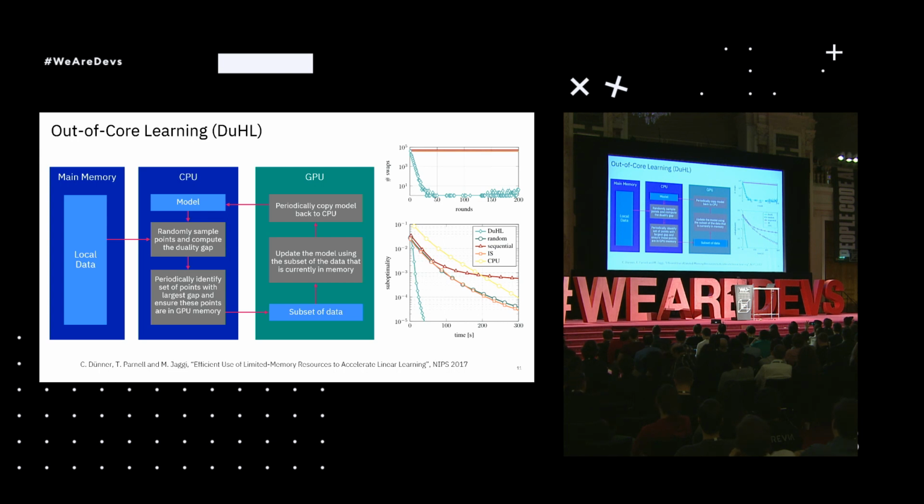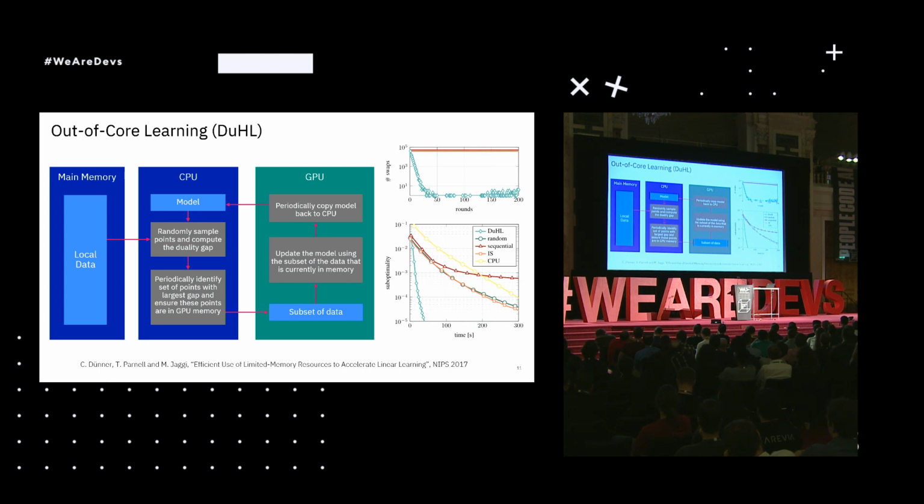As you see, if you do that, you always send to the GPU the same amount of data all the time. However, if you do it in a smart way, after a few rounds, for particular models, you end up swapping only very few data points to the GPU. That gives you a very big performance boost. And another one, as we said, is that these data are actually the important data that will lead to the maximal improvement of your model.